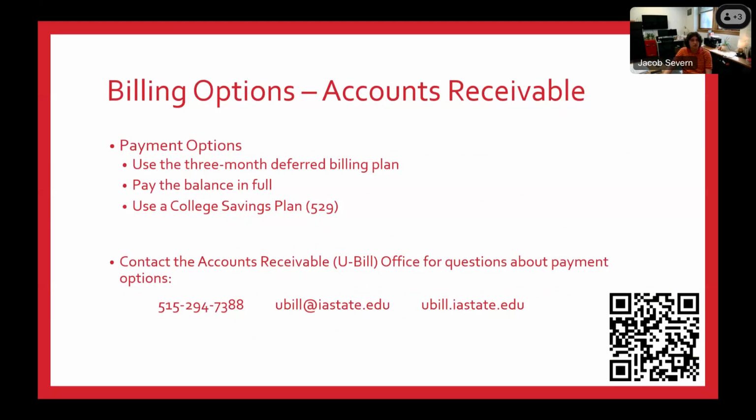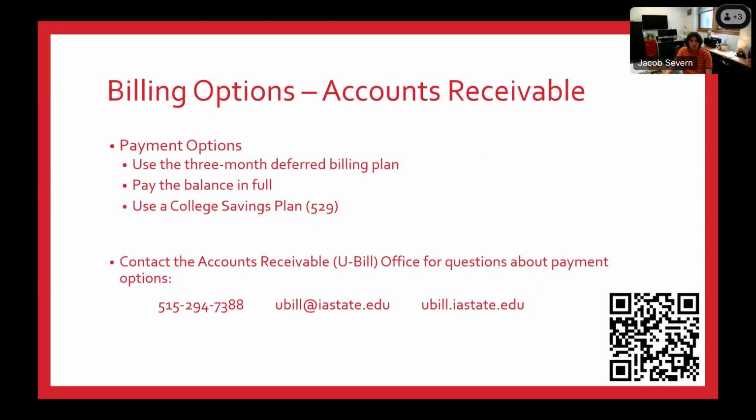After your financial aid disperses, there may be a balance that is still owed on the 20th of each month. So you have different payment options when working with accounts receivable to pay off the university bill. You are always able to pay off the university bill in full through direct deposit or credit or debit card payment with a convenience fee, or through check.